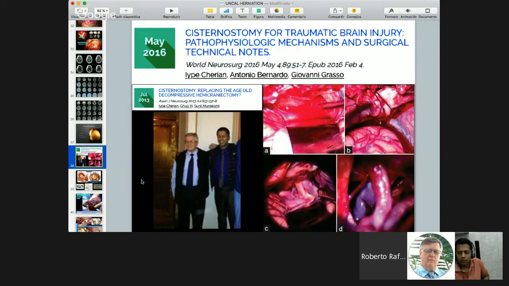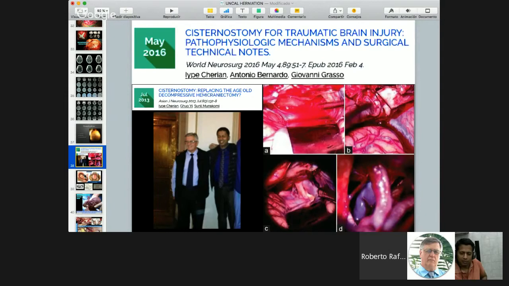In our hands this procedure needs more experience, but I agree completely with the concepts, respecting the direction of the CSF, with Professor Cherian.